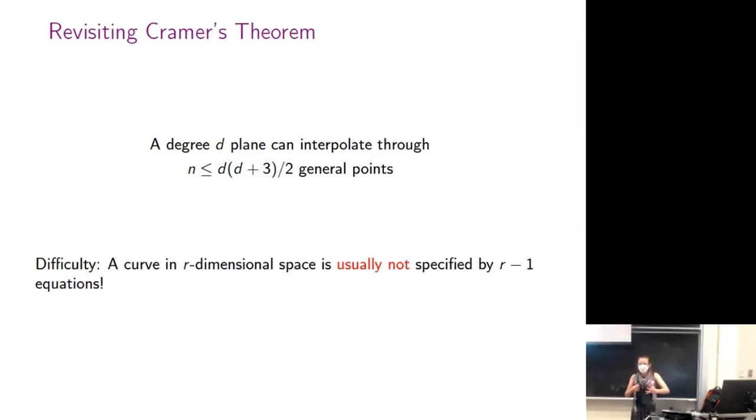And now I'm going to have to solve for solutions that involve these really non-linear things in the coefficients. And as we know from the talk yesterday, I can't do that. Not possible. So we need some other way of attacking this than looking at the equations. I want to go back to this D times (D plus 3) over 2 and interpret that in another way, which will allow me to generalize it to curves in higher dimensional spaces.